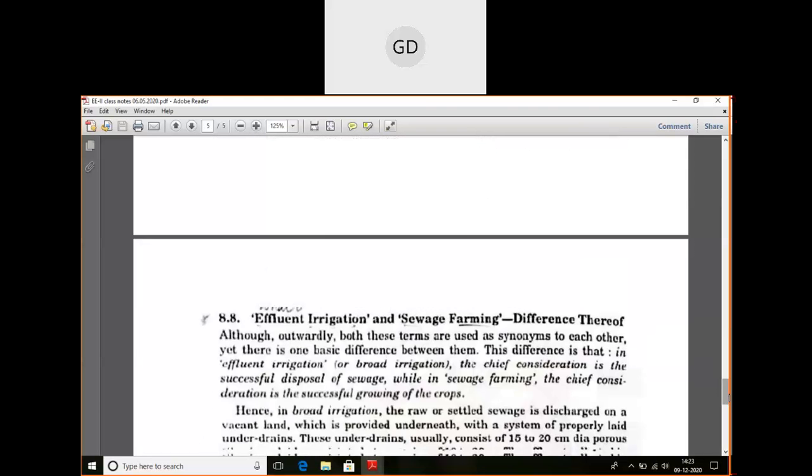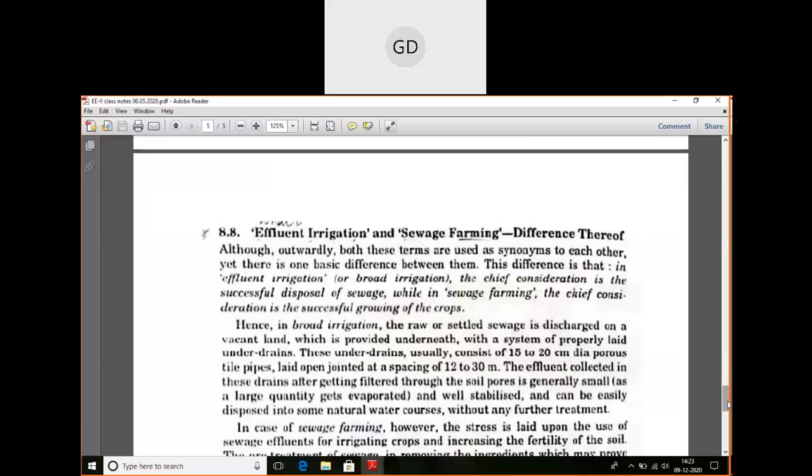The next topic is the difference between effluent irrigation and sewage farming. Though both these terms are synonyms of each other, there is one basic difference.